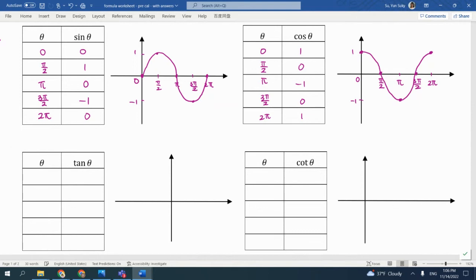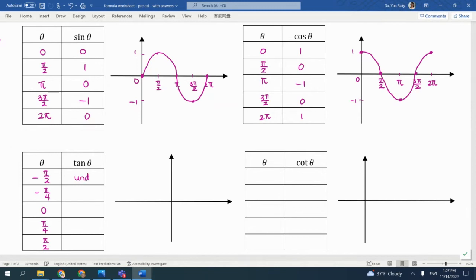Today, let's do tangent. For tangent, the 5 key points are minus pi over 2, minus pi over 4, 0, pi over 4, and pi over 2. At negative pi over 2, we get a vertical asymptote, so undefined.